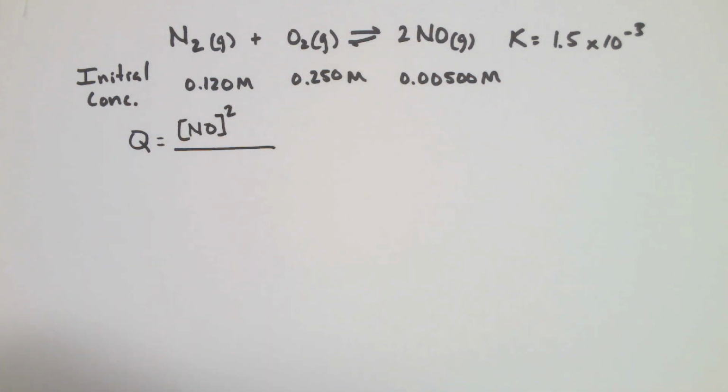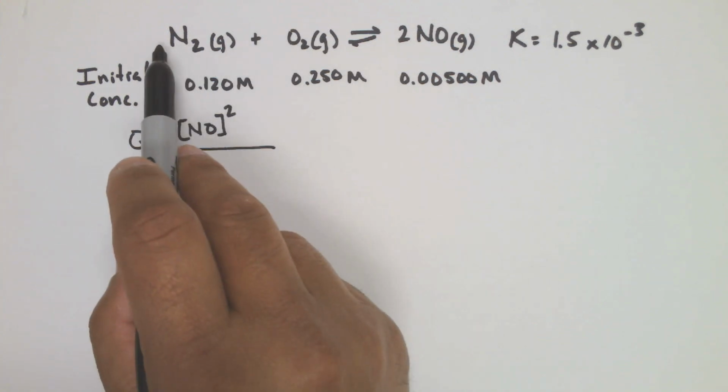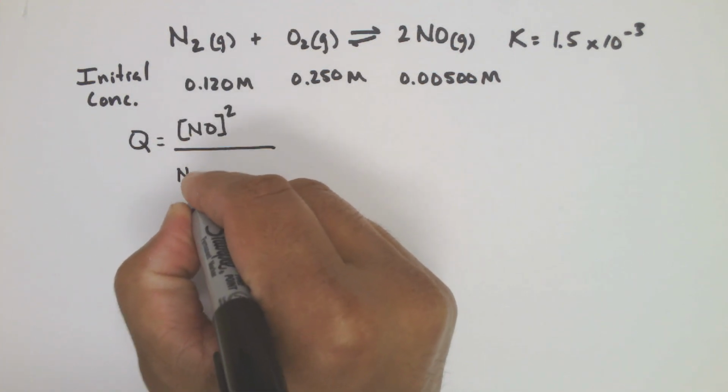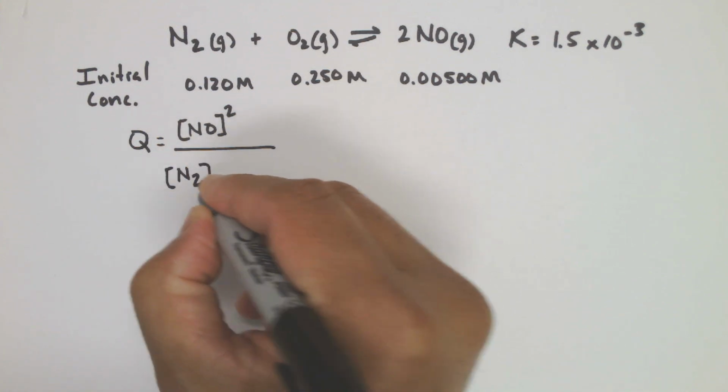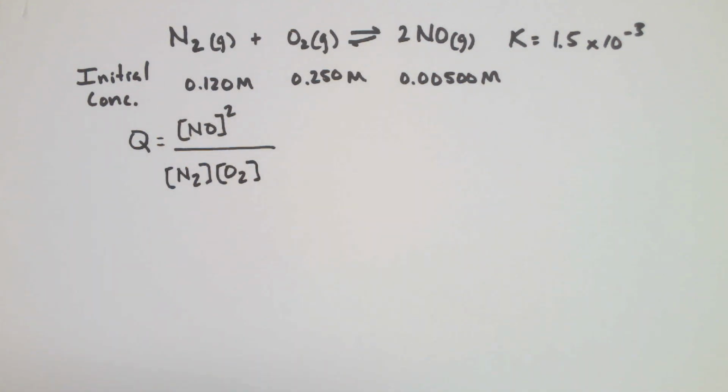And this will be divided by the concentrations of our reactants raised to the power of these coefficients. Now here, each coefficient is just 1. So this is just the concentration of N2 times the concentration of O2.